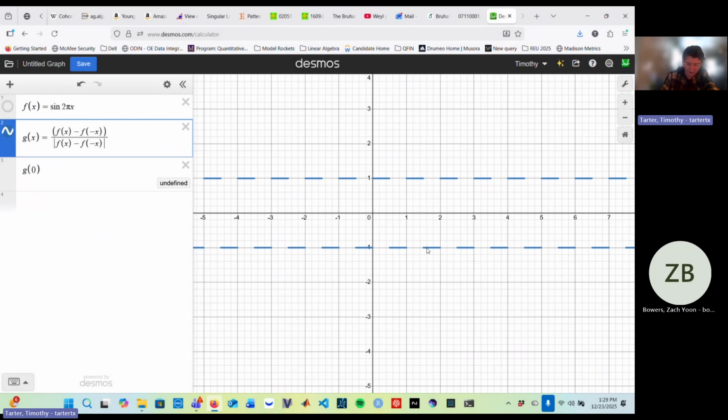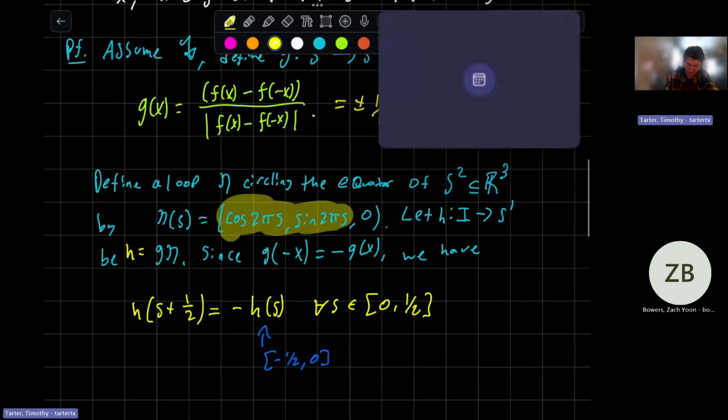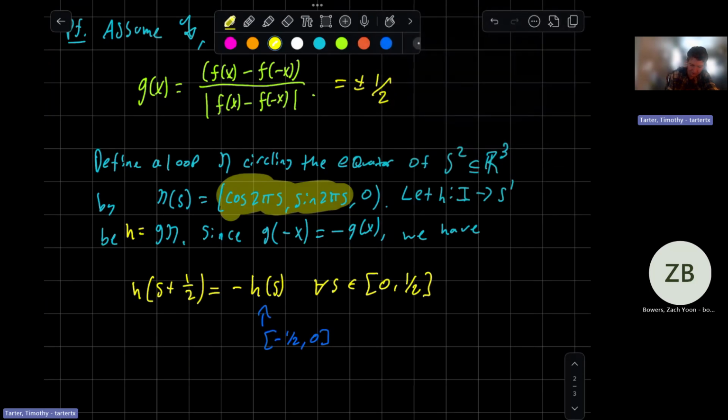So with eta of s being this tuple cosine, sine, and 0, it's undefined everywhere except in the second slot. Here, I'll screen share it. It'll make a little bit more sense. So this is pretty clearly 0 over 0. That is pretty clearly 0 over 0. This isn't.